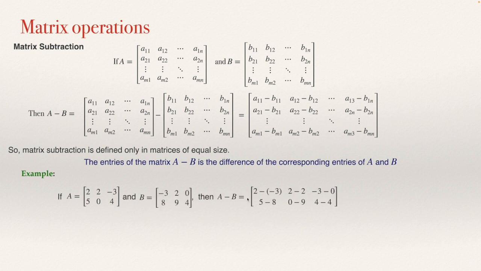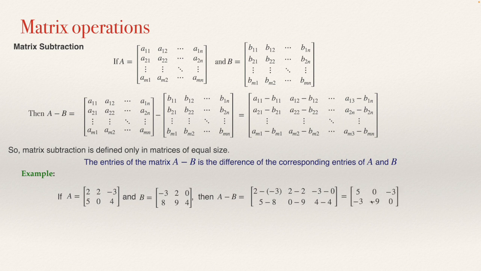So A minus B will be 2 minus minus 3, 2 minus 2, minus 3 minus 0, 5 minus 8, 0 minus 9, etc. Do this operation: 2 minus minus 3 is the same as 2 plus 3, this is 5, this is 0, this is negative 3, this is negative 3, 5 minus 8, 0 minus 9 will be negative 9, 4 minus 4 equals 0.